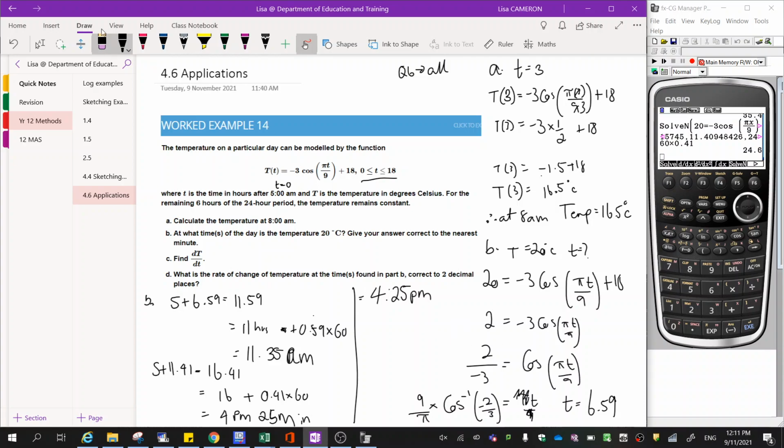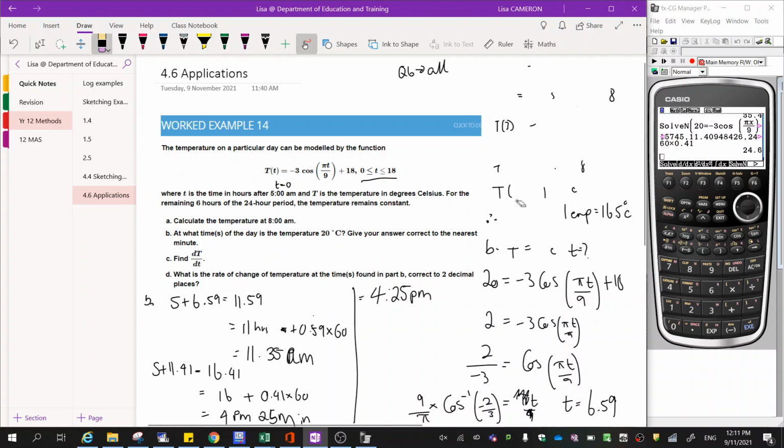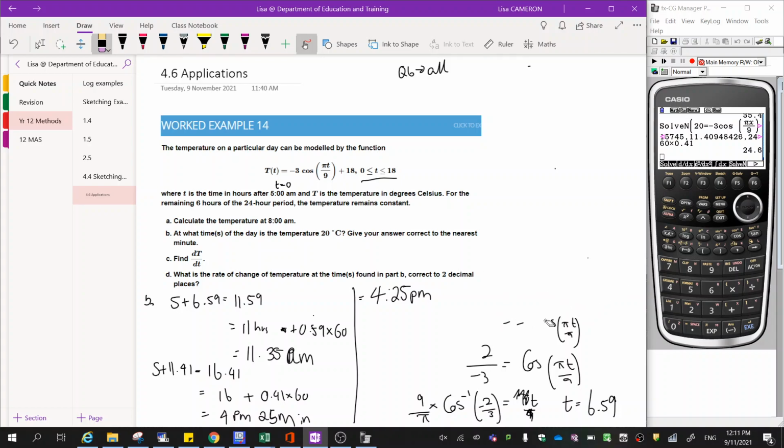Okay, so now I'm going to rub some of this out so that we can do the next part. All of the stuff that we've done so far is stuff that we would have been able to do from doing year 11.